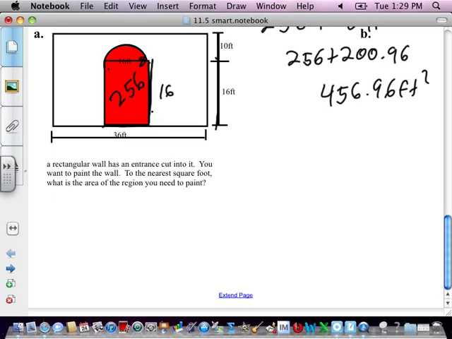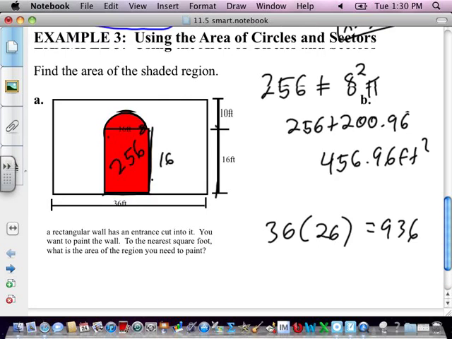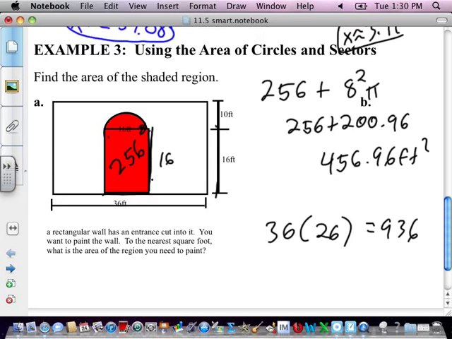Let's figure out the whole rectangle. We're going to do 36 times what? What is the height of this? 26. So 36 times 26 gives us 936. And we are going to subtract the doorway from it.